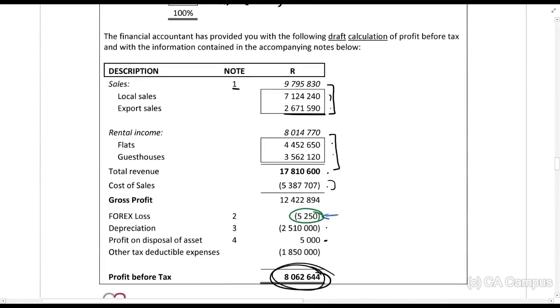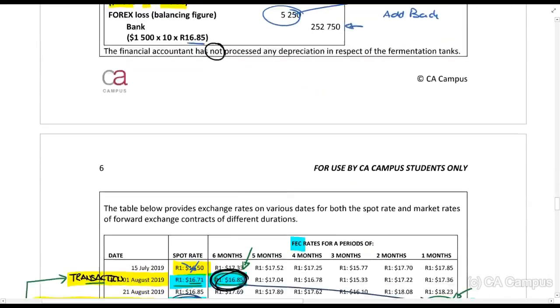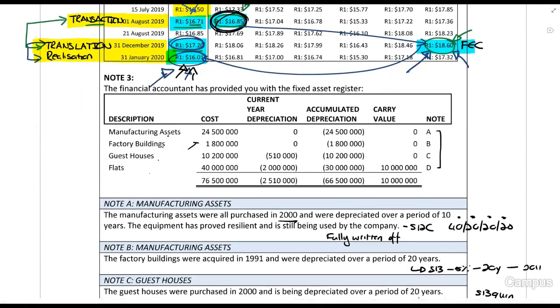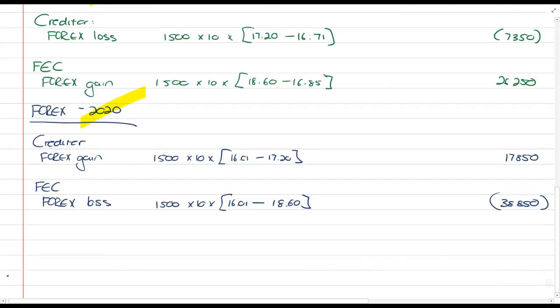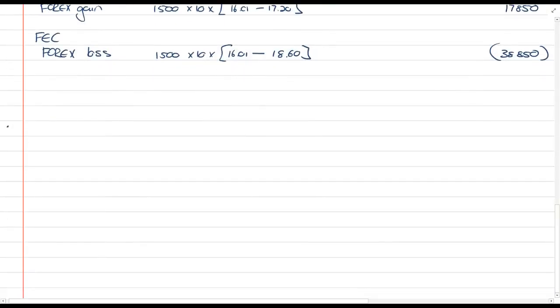Okay, then note number 3 is the depreciation, 2,510. So before we go crazy with that and just add it back, I think actually it's a little bit safer. So if you say depreciation, we add it back, 2,510.